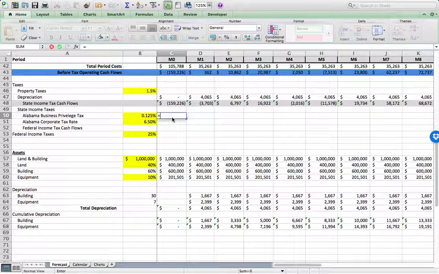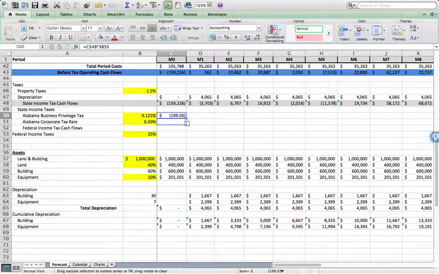So we're going to pay this amount times this amount. Right, so let's see, we're going to put a dollar sign in front of the row of the cash flow amount. We're going to put a dollar sign in front of the column of the percentages. That way we can drag this down.